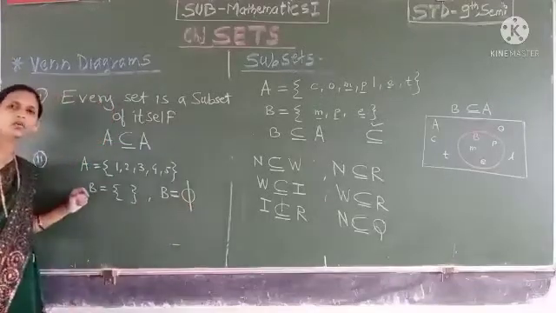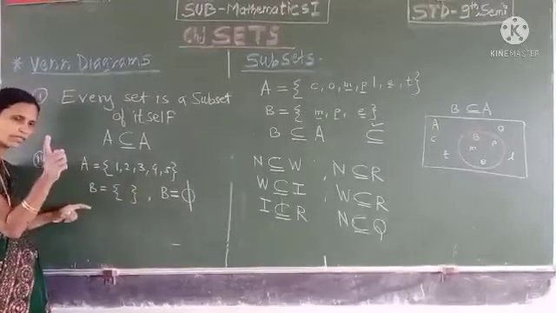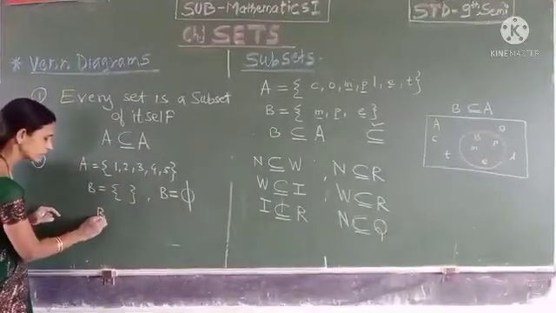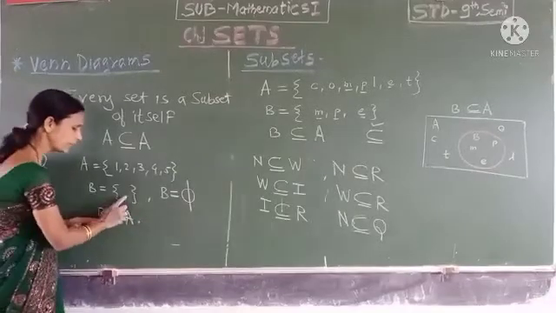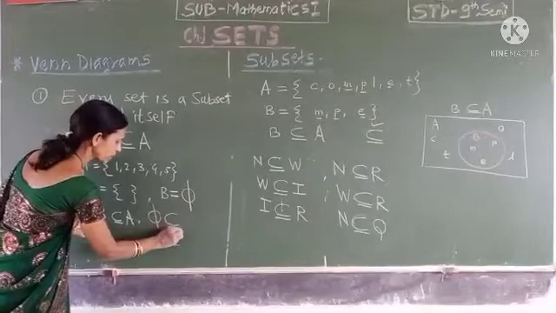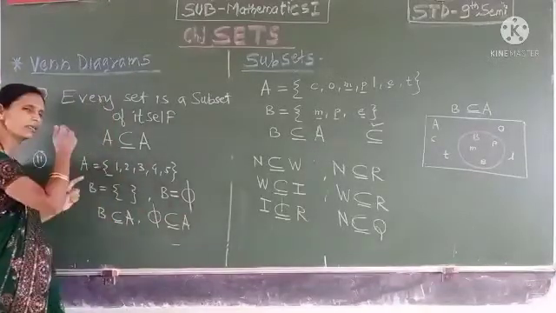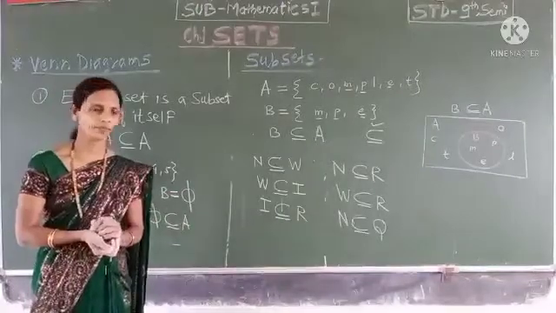All of you studied about the empty set. Then every empty set is a subset of A, that is, B is a subset of A. Therefore, every empty set is a subset of any set, A, B, C, D, of any set.